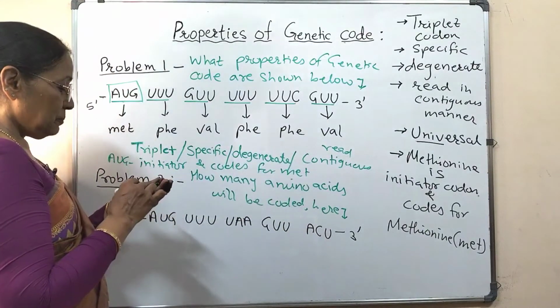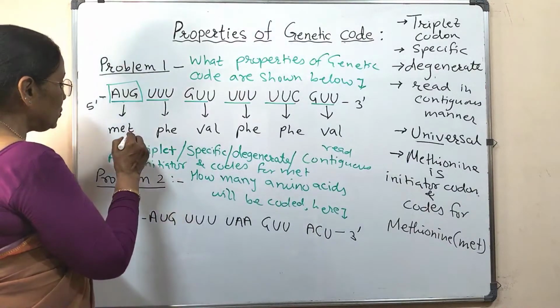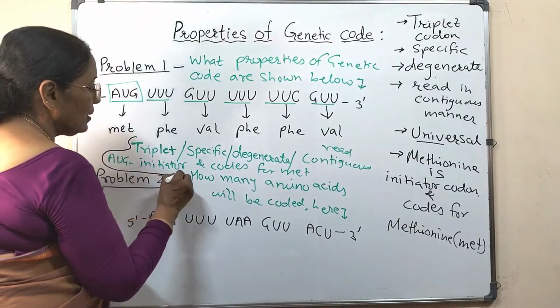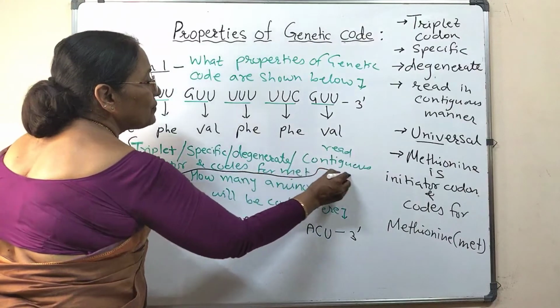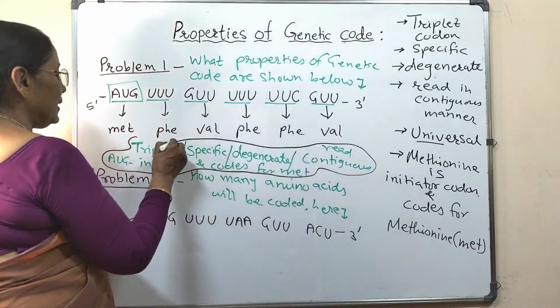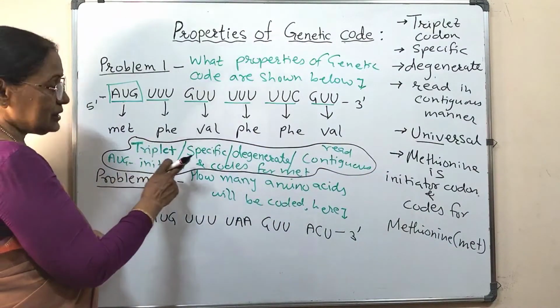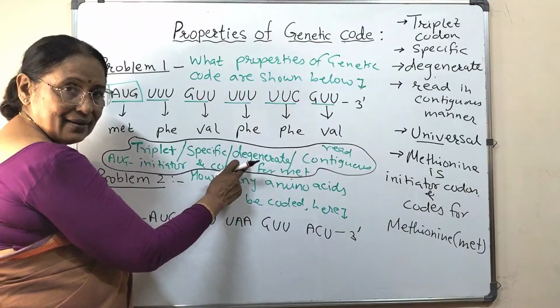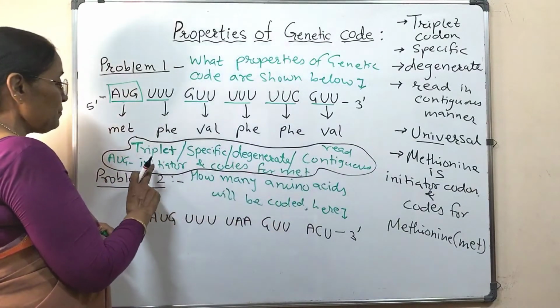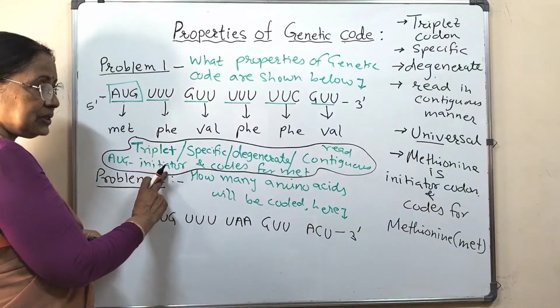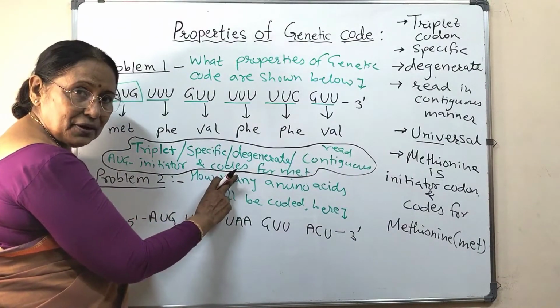These are the properties shown by this strand of given mRNA: that it is triplet, it is specific, it is degenerate, it is read in a contiguous manner, and the AUG is the initiator codon and it codes for methionine.